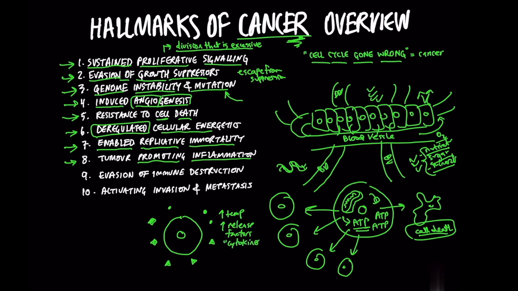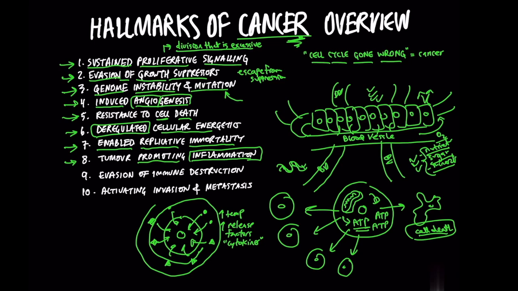So these dots and shapes you see here are called cytokines. We can discuss this later, but again, there are a lot of inflammatory factors, the immune system gets involved, and these factors influence the cell and also the environment in which the cell resides.